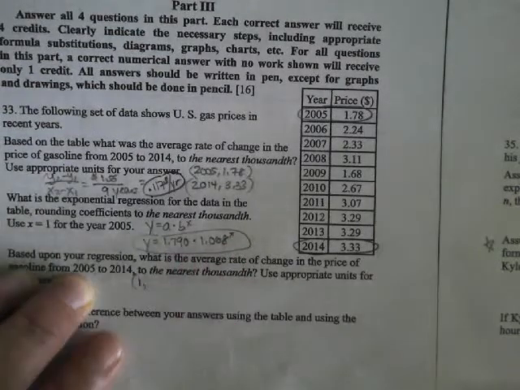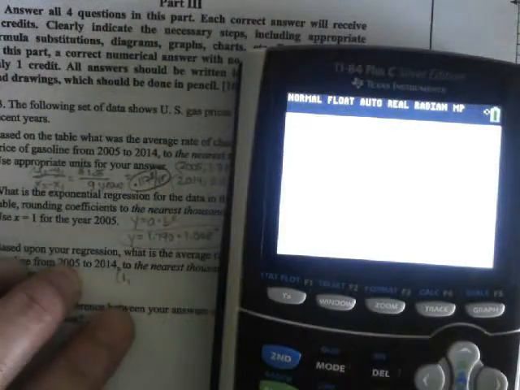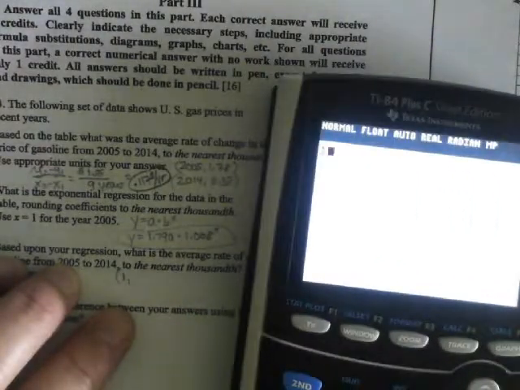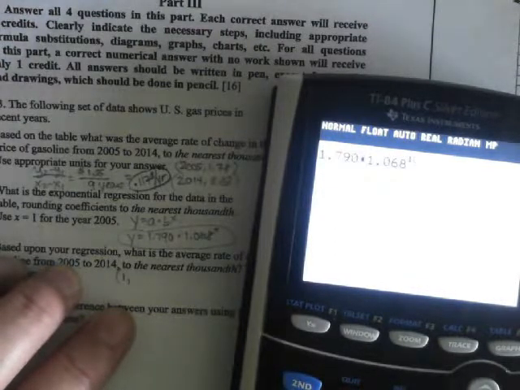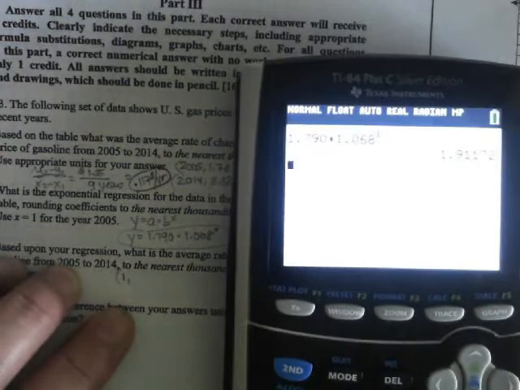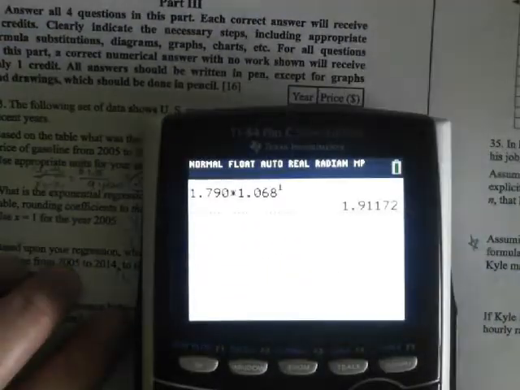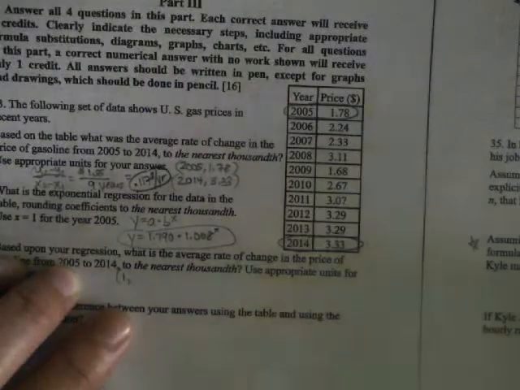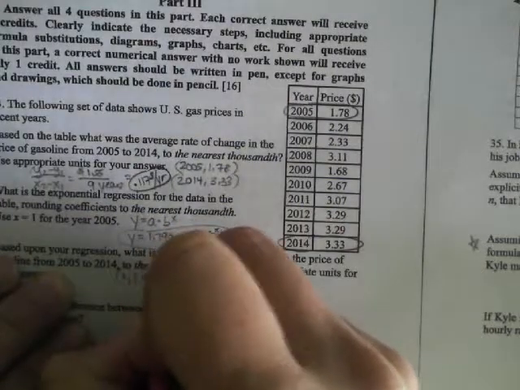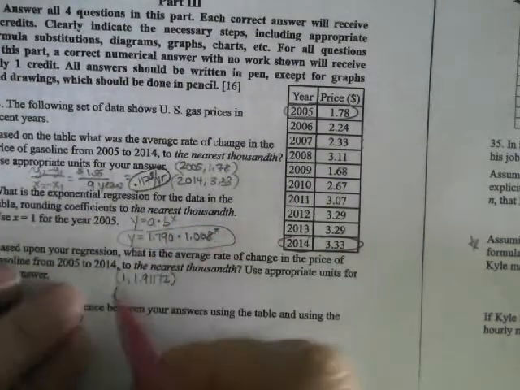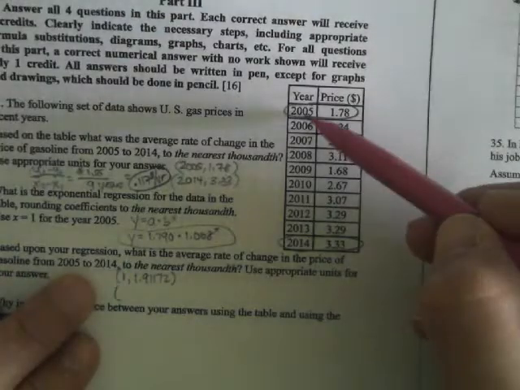So if I plug in 1.790 times 1.068 to the first power, I'm going to get a y coordinate of 1.91172. And then year 2014, 1, 2, 3, 4, 5, 6, 7, 8, 9 would be year 10.